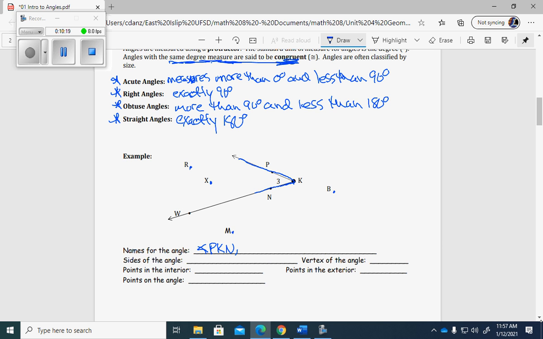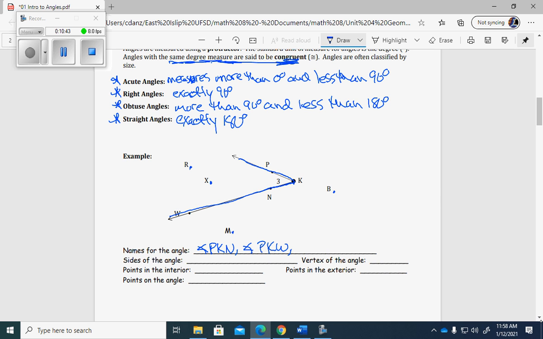If I continue drawing here, I get to W, so I could also call it PKW. I would never use 4 letters though, it's always just 3 letters. It's 1 point from one ray, then the vertex, and then 1 point from the other ray. Of course, I could change the order of these letters. Instead of PKN, I can call it angle NKP.